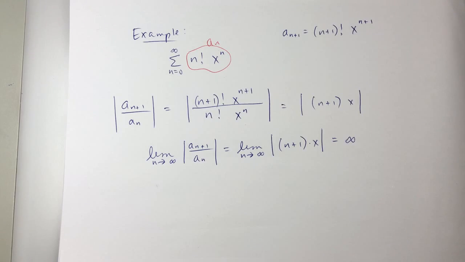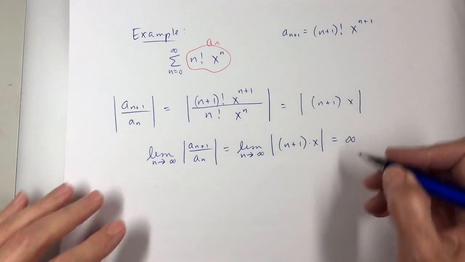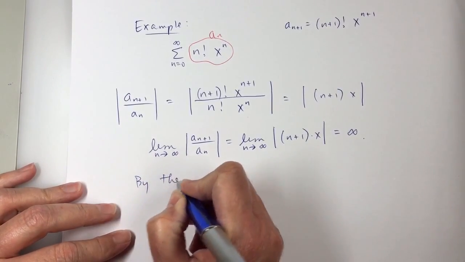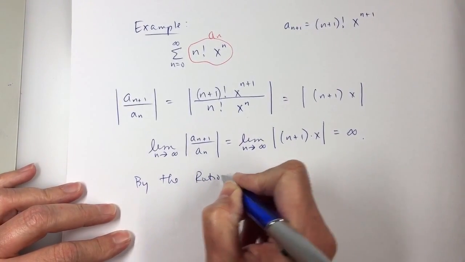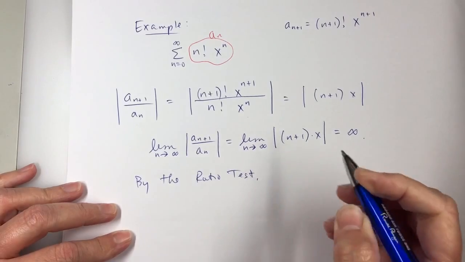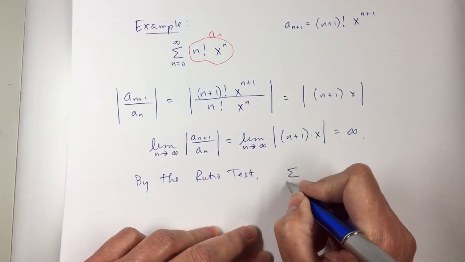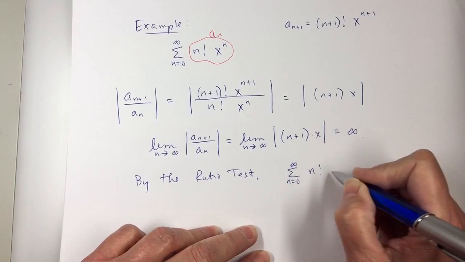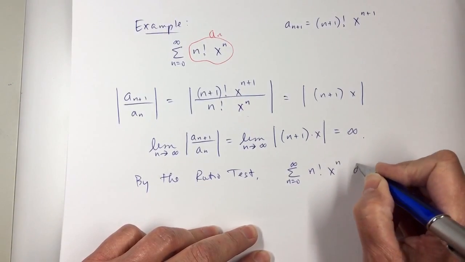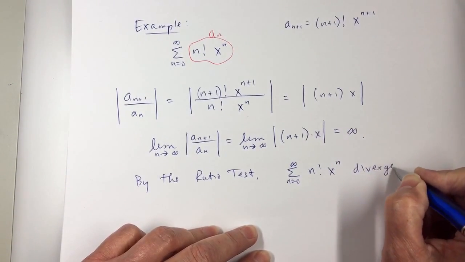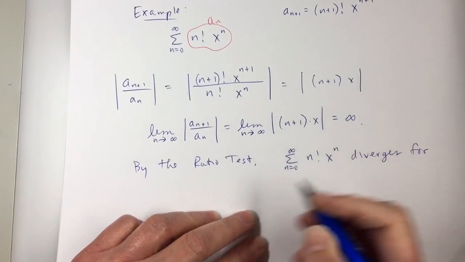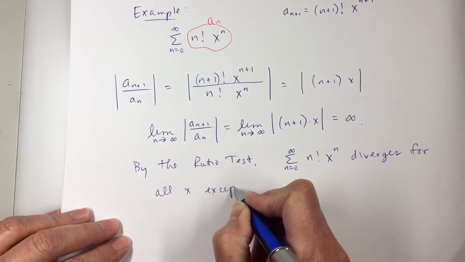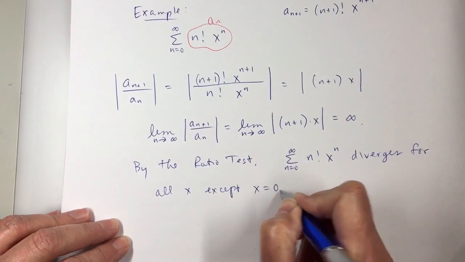But, so by the ratio test, since I got infinity, by the ratio test, this series diverges for all x except x equals 0.